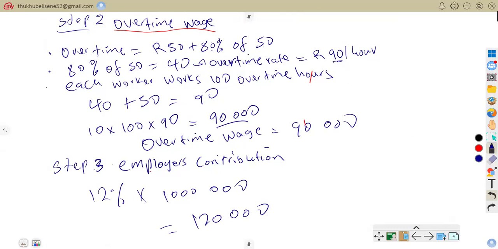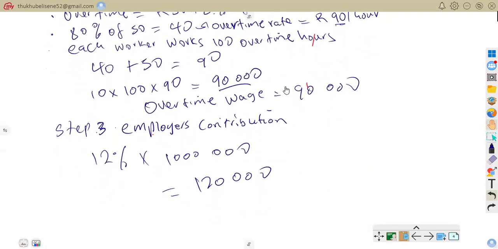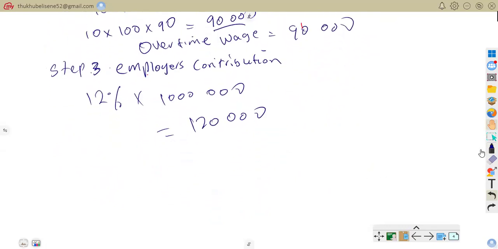So now we are to get the final direct labor cost, because the question wants us to calculate the direct labor cost. Our final direct labor cost is how much?